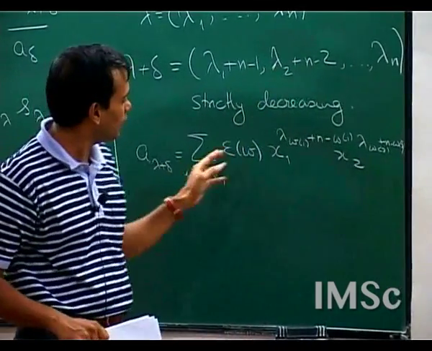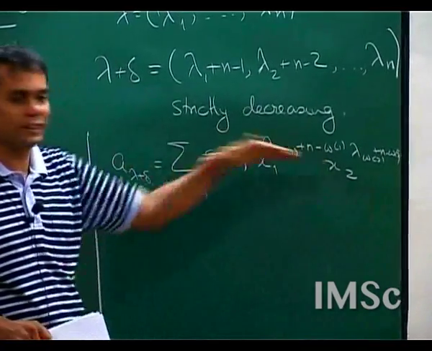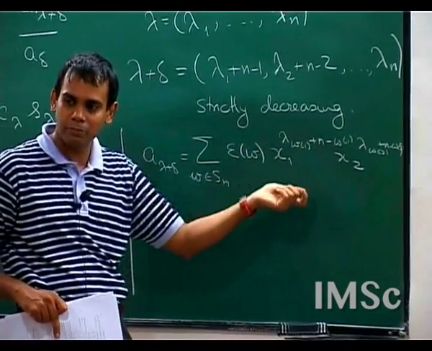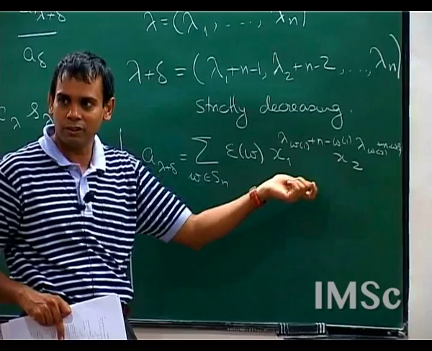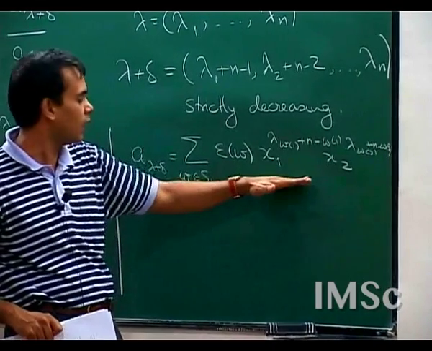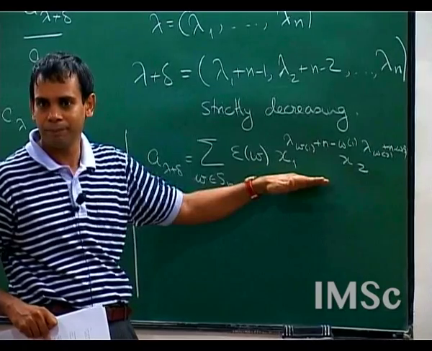So there's exactly one monomial in the sum which has strictly decreasing powers, the power of x1 is strictly greater than the power of x2, which is strictly greater than the power of x3. So I'll call that a strictly decreasing monomial. This has exactly one strictly decreasing monomial.